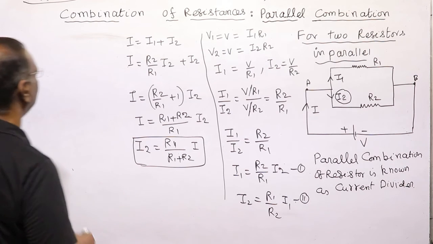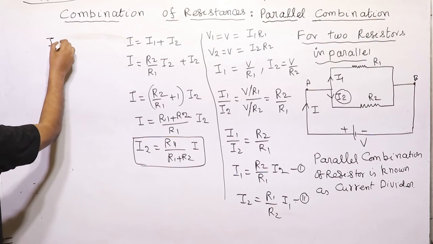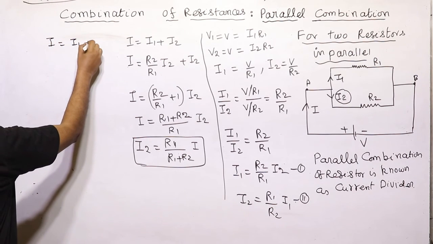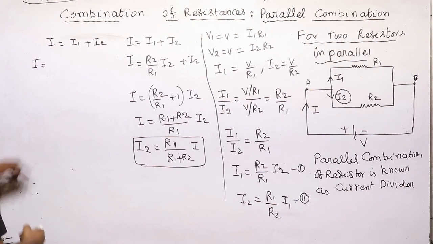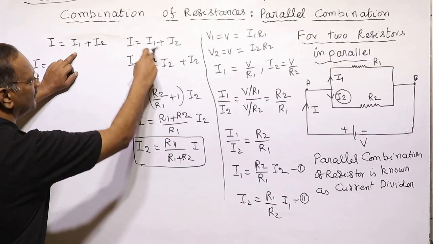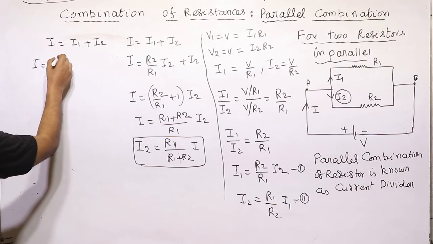What about I1? Again I is equal to I1 plus I2. We substituted for I1, now we will substitute for I2.